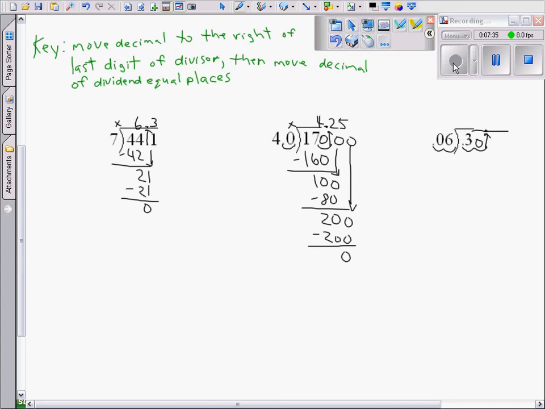Now divide 30 by 6, because we can cancel out this 0 now. 5. 5 times 6 is 30. 30 from 30 is 0. The answer is 5, or 5.0 if you wanted to add a 0 to it.